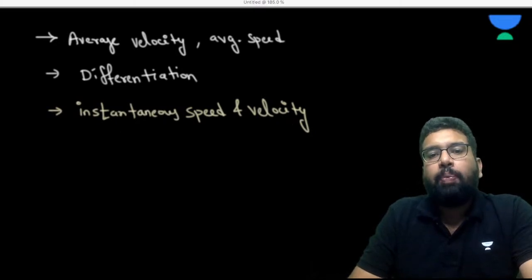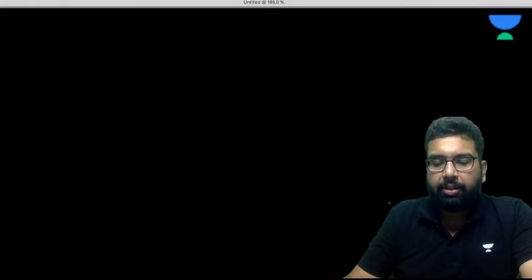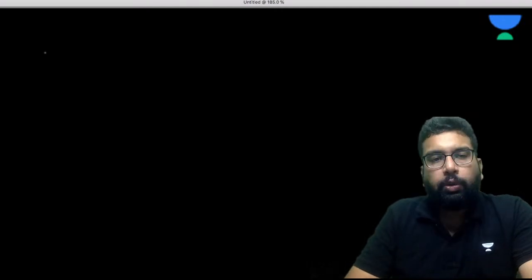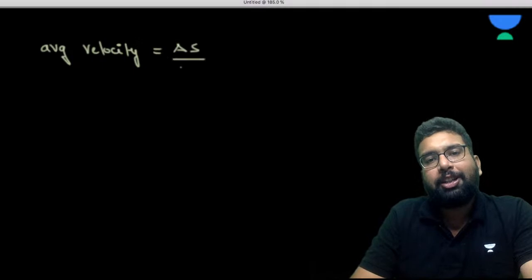Now please understand this. It is very simple once you understood the differentiation. We have learned that average velocity is the change in displacement upon change in time.